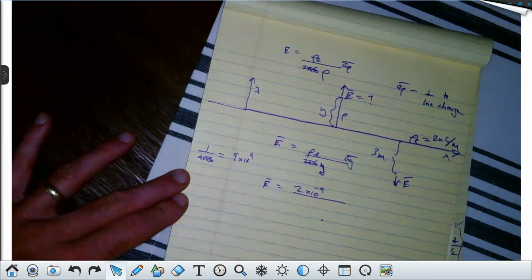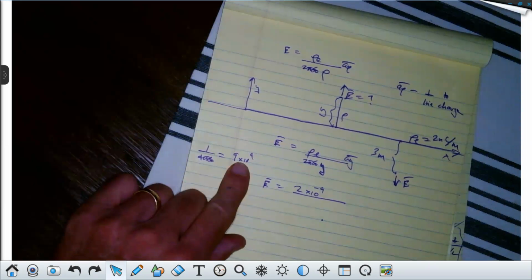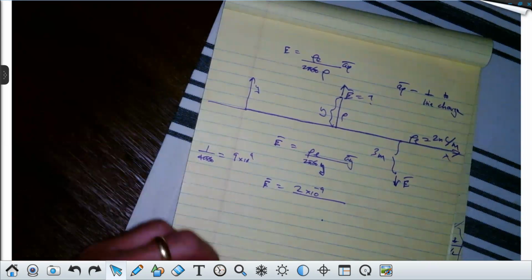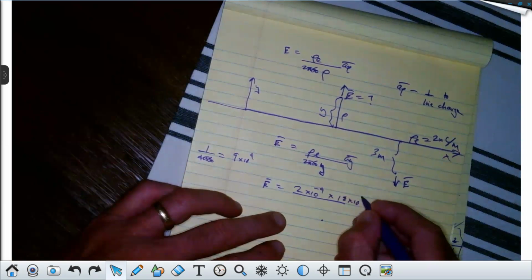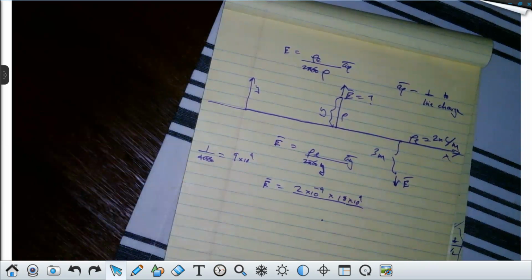If this is 9, if you have twice that, it's 18, right? If it's by 2 pi epsilon, it has to be 18. So it's times 18 times 10 to the 9th. You don't have to do it this way. You can put 2 pi and then put 8.854 times 10 to the minus 12th in there if you want, but I'm showing you the way I would do it.